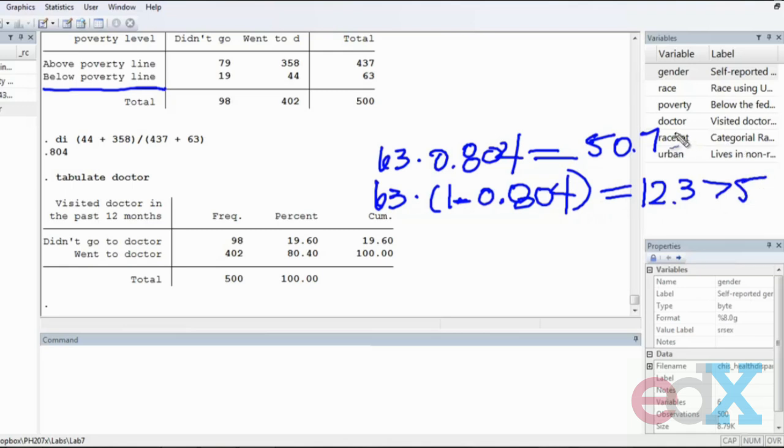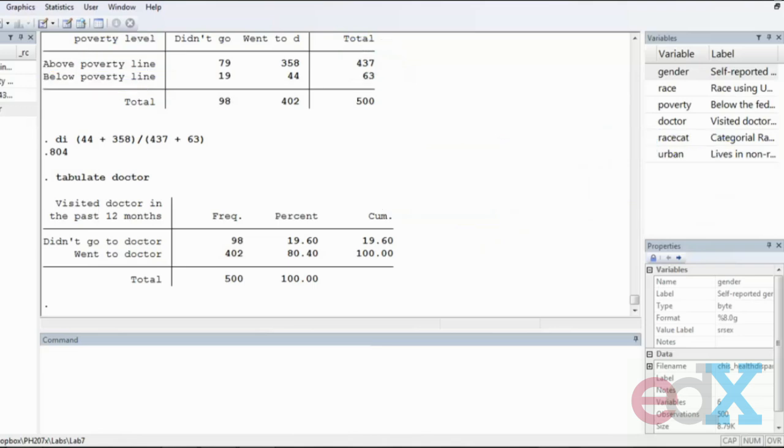These are obviously both greater than 5. So I know that the normality assumption works for my group that's below the poverty line. Now I can look at this and see that for those above the poverty line, my sample size is much larger than 63. So I know that normality is going to work for that group too. So I say, okay, I can go ahead and use these large sample procedures.